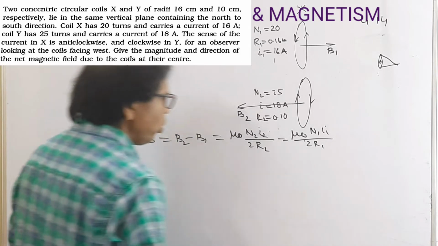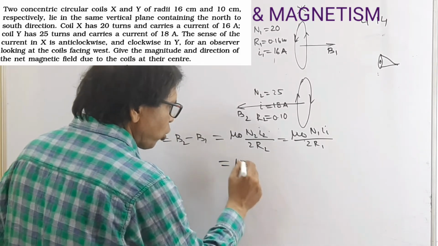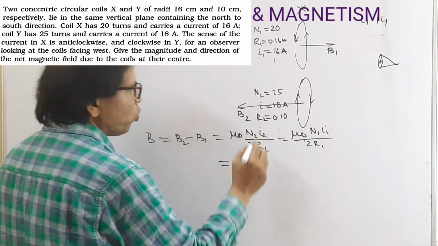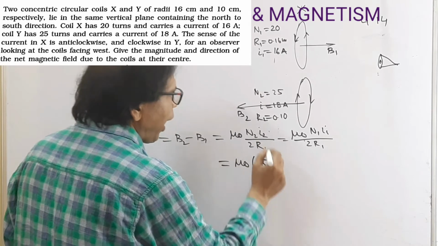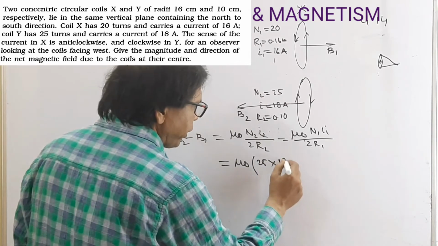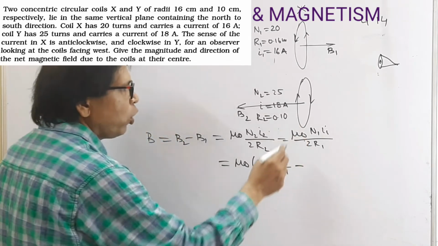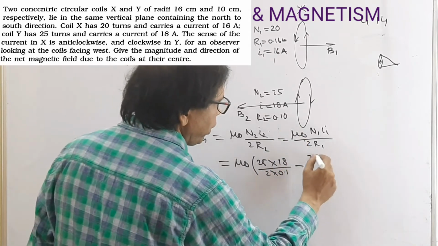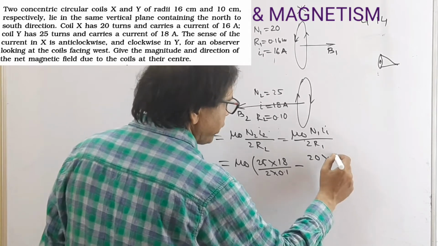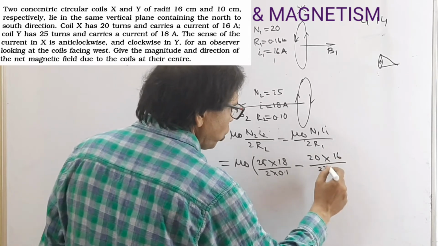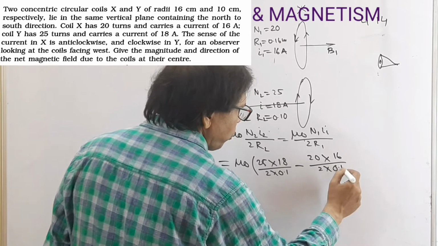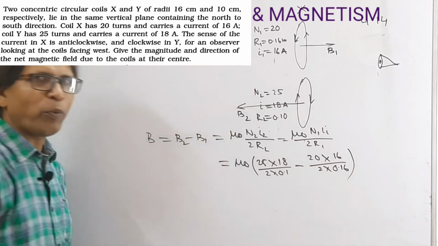Now mu naught is common, N2 means 25, I2 is equal to 18 and R2 is 2 into 0.1 minus, N1 is 20, I1 is 16 and radius 2 into R1, so this is 0.16, okay, no problem.